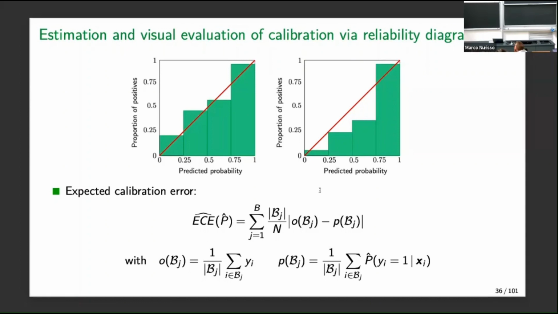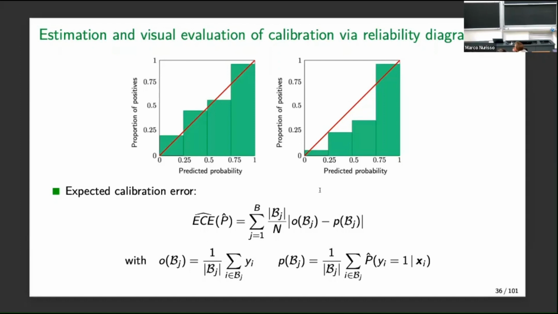So what are you going to do? You're going to have here on the x-axis your predicted probability, and you're going to separate that into bins. And then for your instances that you have in your training data set or in a validation data set, so typically you're going to do this on a validation data set, you're going to look at the observed frequencies in each bin.